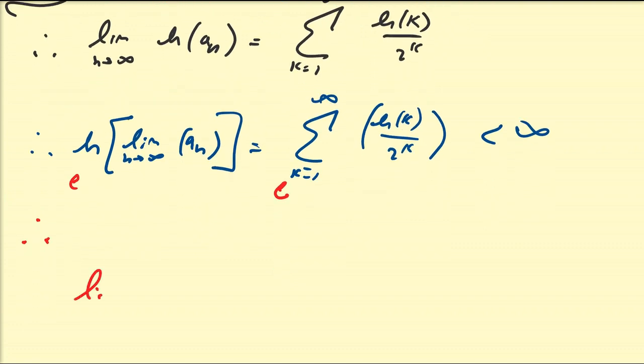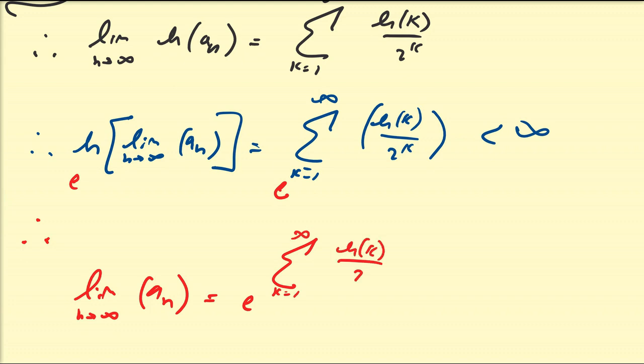That means the limit as n goes to infinity of a_n is equal to e to the sum from k equals 1 to infinity of the natural log of k over 2^k. If this sum is finite, the exponential of that sum will also be finite, so this expression here is also less than infinity.